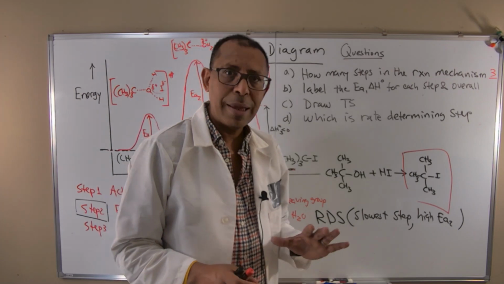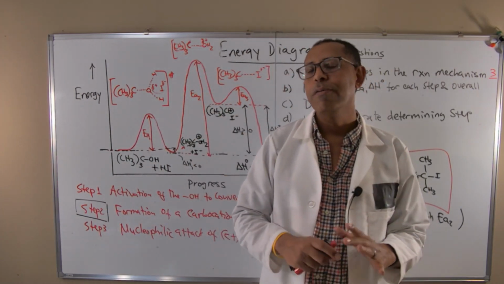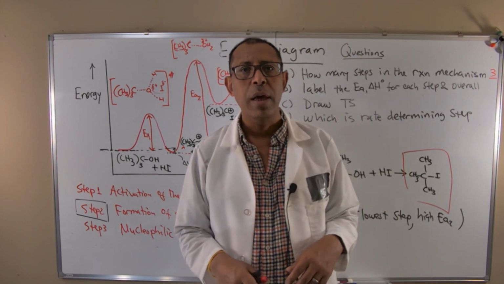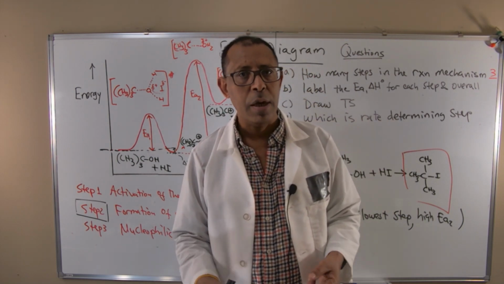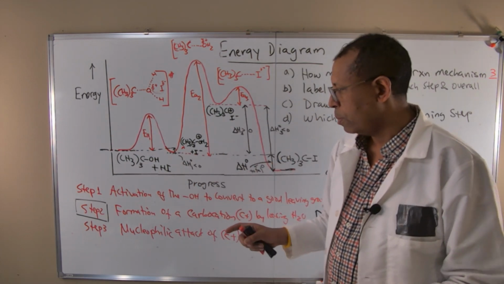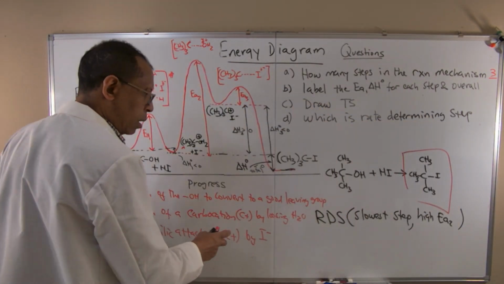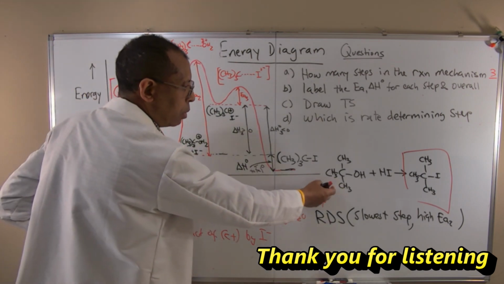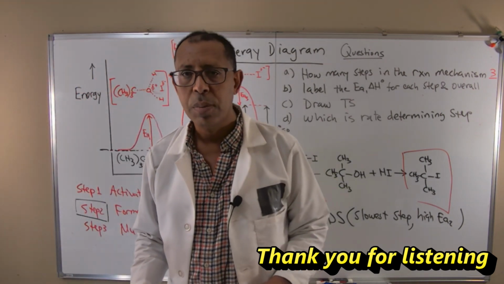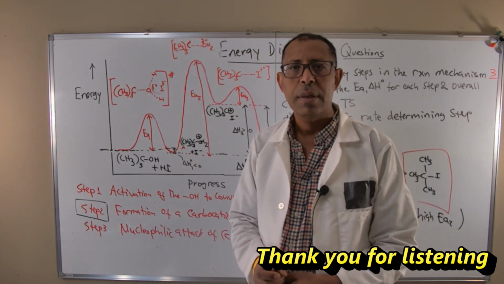So it shouldn't be very complicated or overwhelming to understand a substitution reaction on alcohols. This is a mechanism and the associated energy diagram. So these are the only facts you need to remember when you see such a reaction. So we'll continue with solving some more problems.